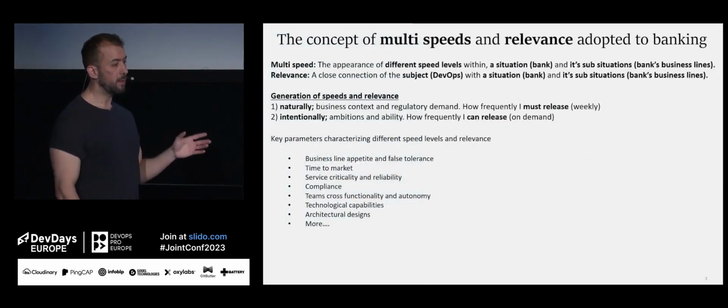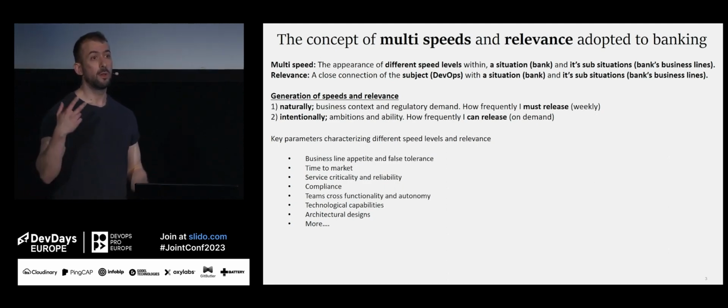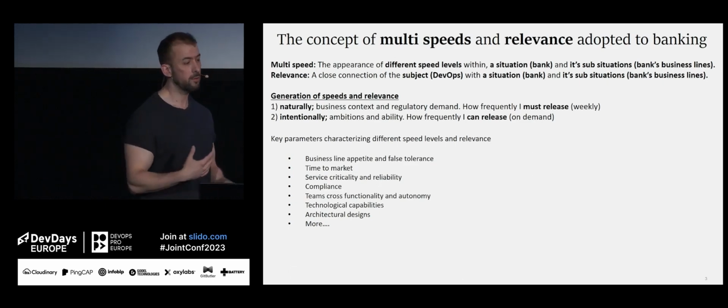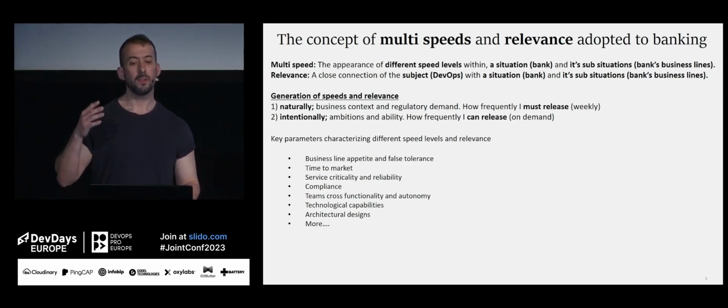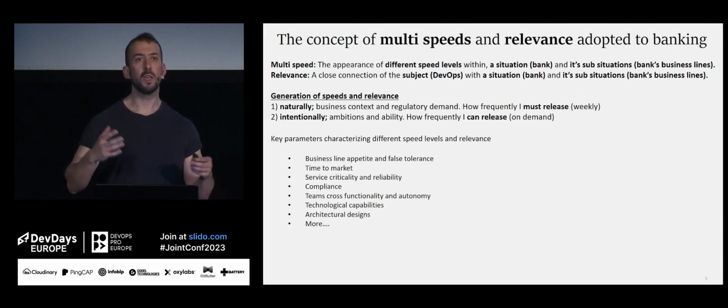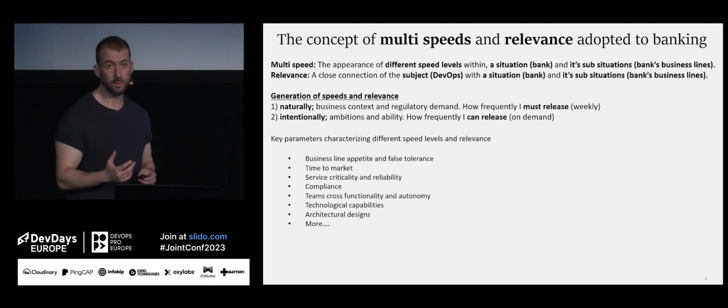So basically multi-speeds and relevance is two concepts that define how you can adopt DevOps at scale in organizations. When I talk about speed, it is the appearance of different speed levels in a situation, which in our case is a bank, and its sub-situations, which is different areas within a bank. So a bank, and talking about an incumbent one, not really about a neobank, has different business lines that move into different speeds.